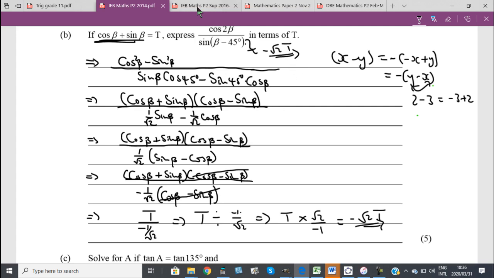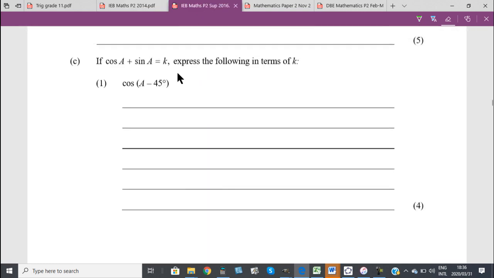Okay, let's go for another one. Now in here we almost have the same thing. So this is now the 2016 paper, again IEB. So cos A plus sine A is k, so we can quickly expand this.